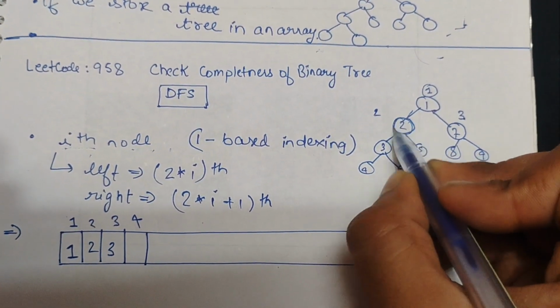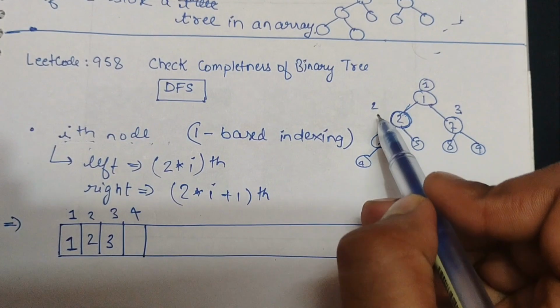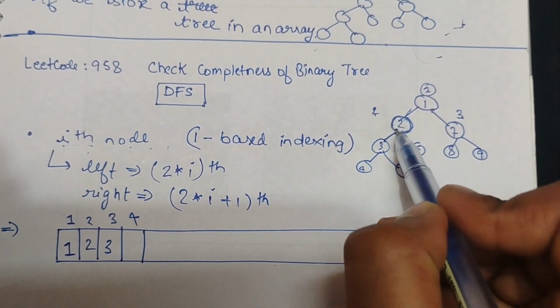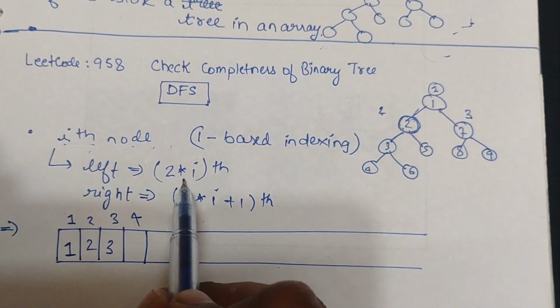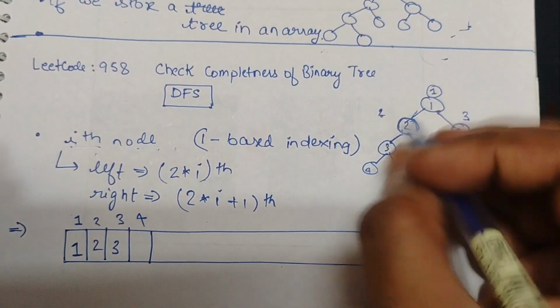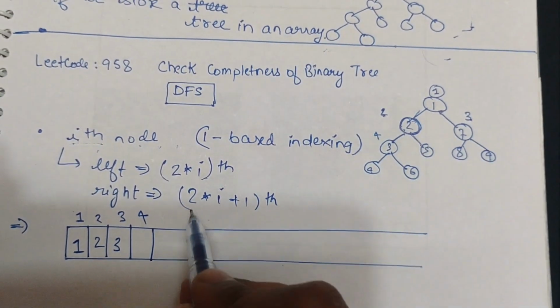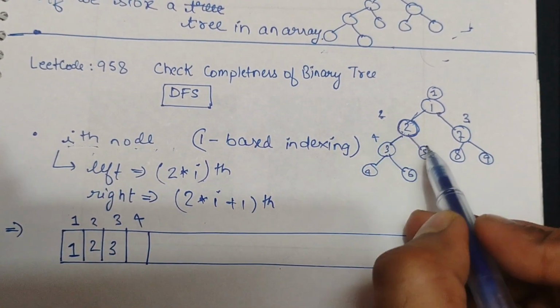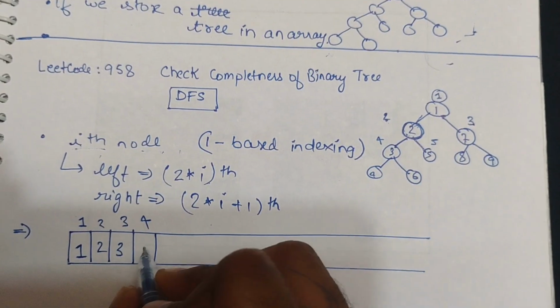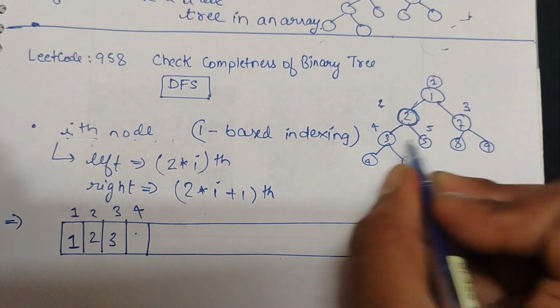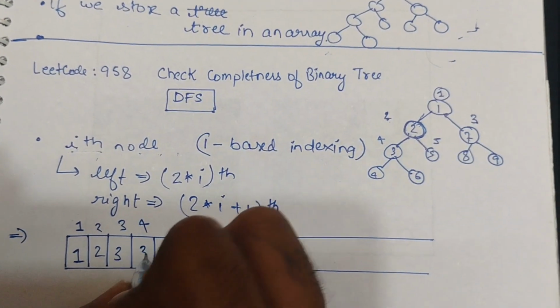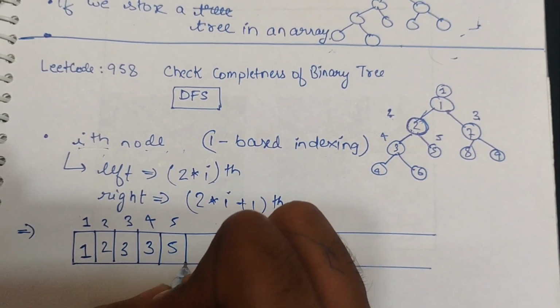Now for this node at 2, its left would be 2 into i, that is 2 into 2, that is 4. Here it is 2 into i plus 1, that is 2 into 2 plus 1, that is 5. At fourth I'll store 3, at fifth I'll store 5.